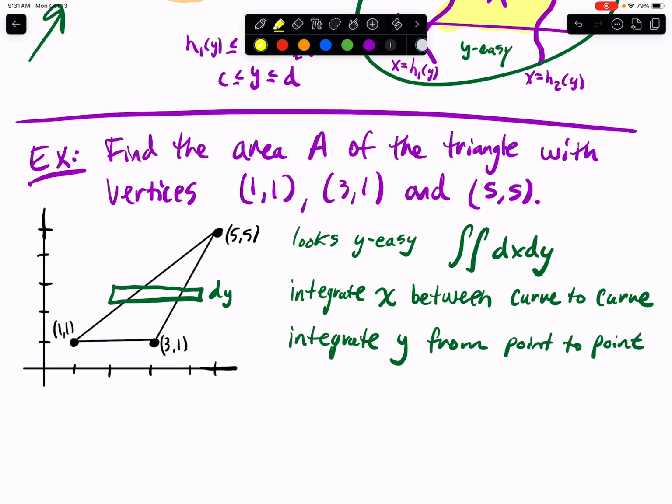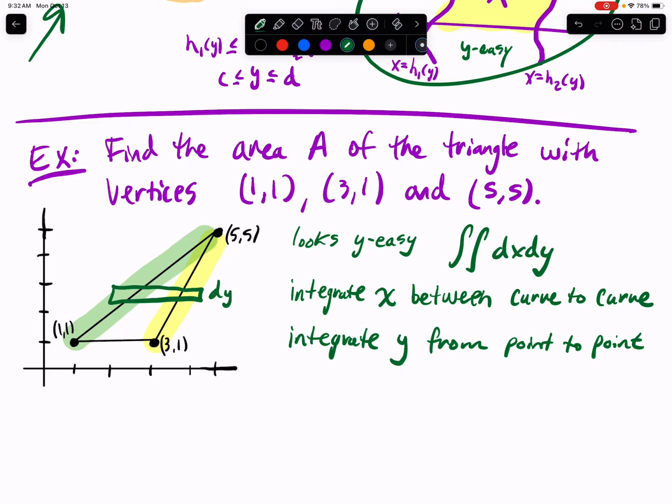When I look at this, I have an equation here and I have an equation here. So I need to figure out what those two things are because x is varying between those two things. So this one, 1 to 5 5, that one's actually not too bad.